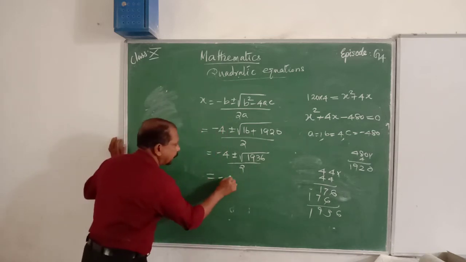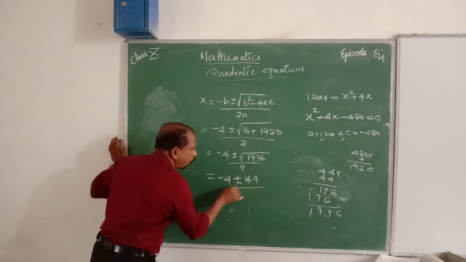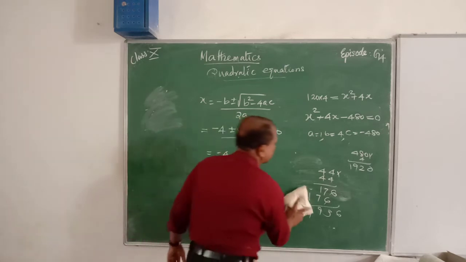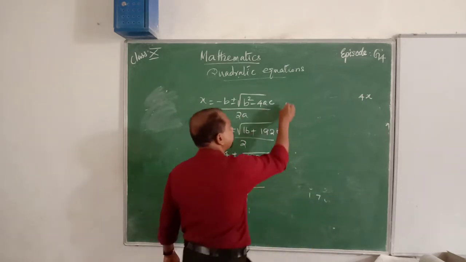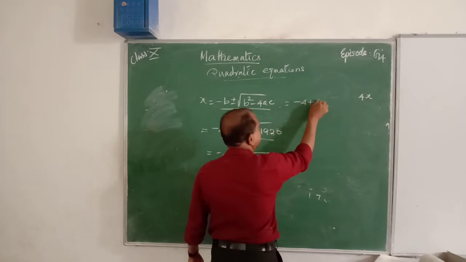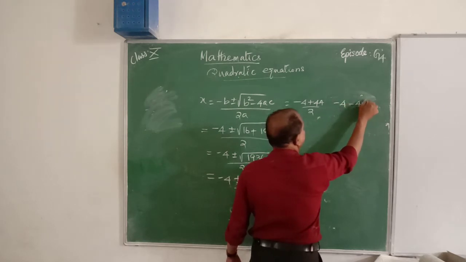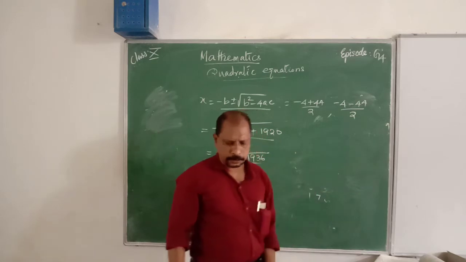Therefore, x is equal to minus 4 plus or minus 44, divided by 2. That is equal to minus 4 plus 44 by 2, comma, minus 4 minus 44 by 2. We know that the second is negative.